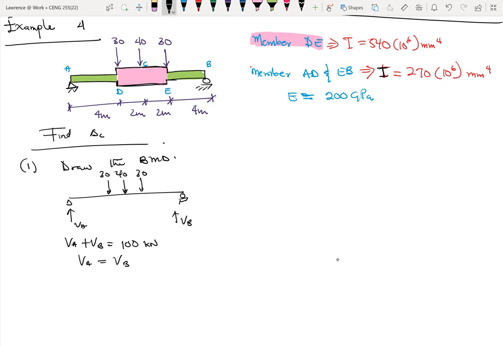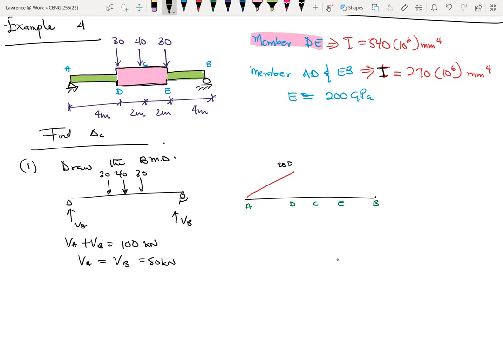All right. So based on that, my bending moment diagram will look like this right here. This is 50 kilonewtons. So this is A. I have A, D, C, E, and B. From A to D, the value is 200, I think, yeah.